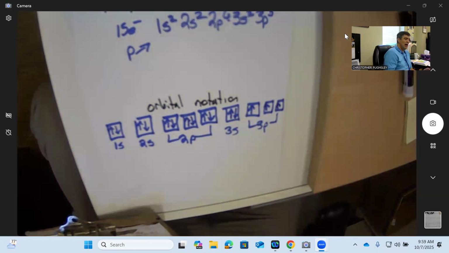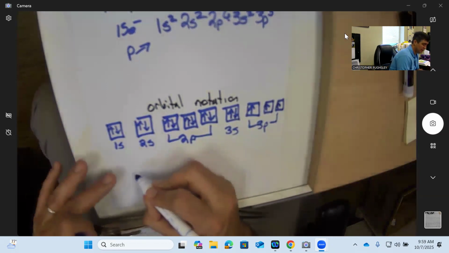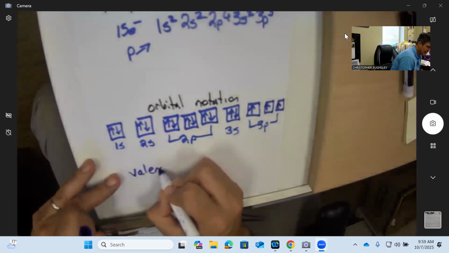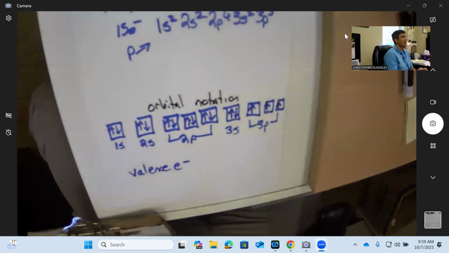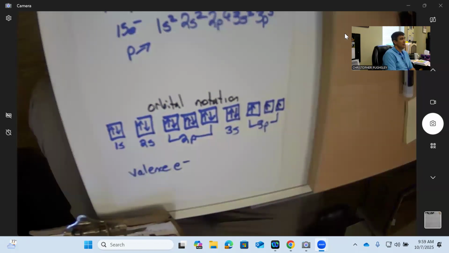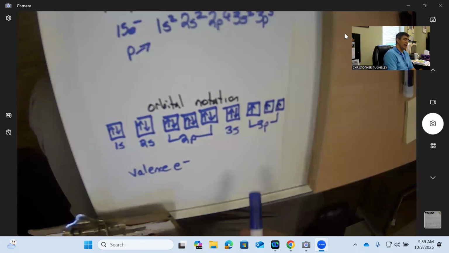One thing we're also going to add right here is valence electrons. What are valence electrons? Yes, they're important for bonding and chemical reactions.